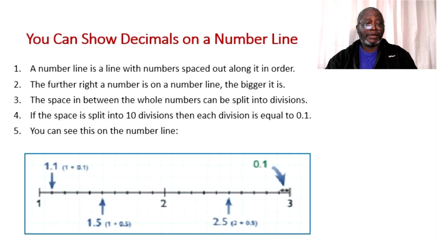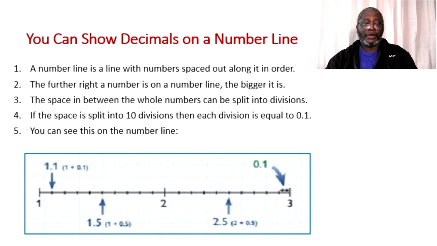We start from 1, 1.1, 1.2, onto 2, 2.5, and then 3. Each of those spaces is 0.1. So starting from 1 on the left you have 1.1, 1.2, 1.3, 1.4, 1.5, 1.6, 1.7, 1.8, 1.9, and then 2.